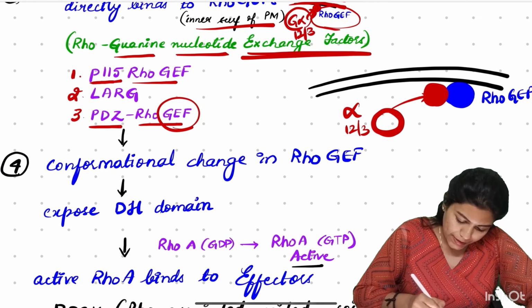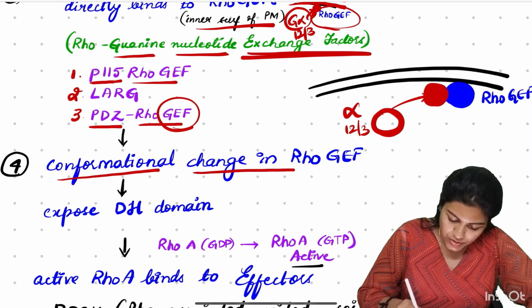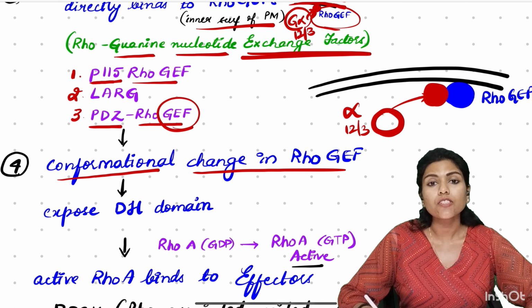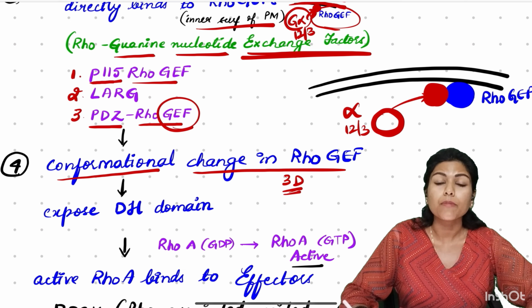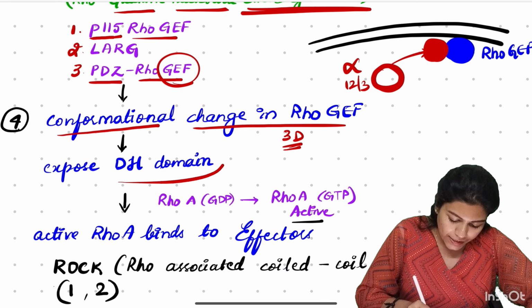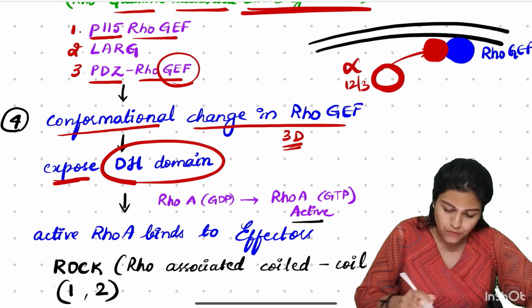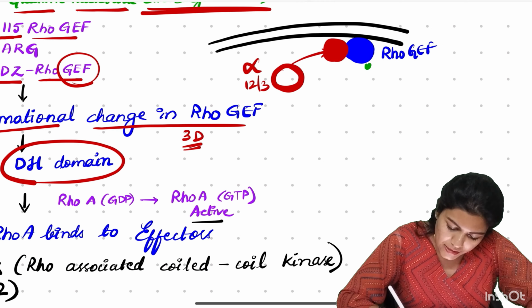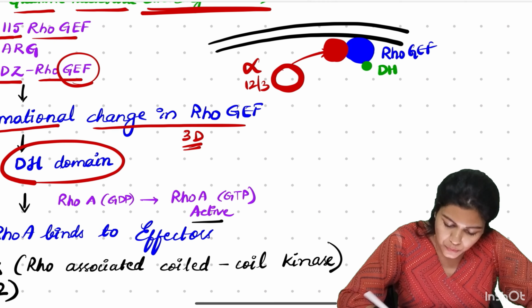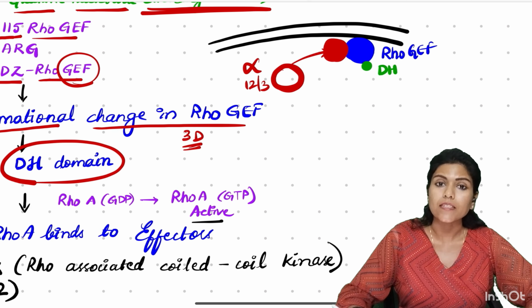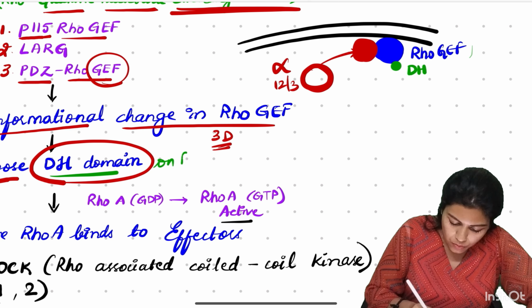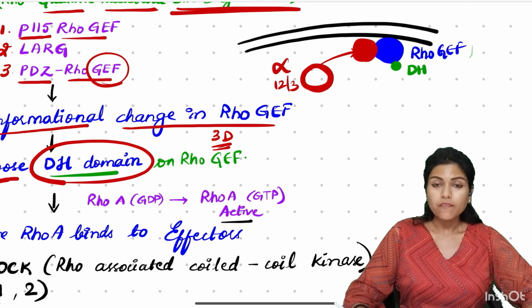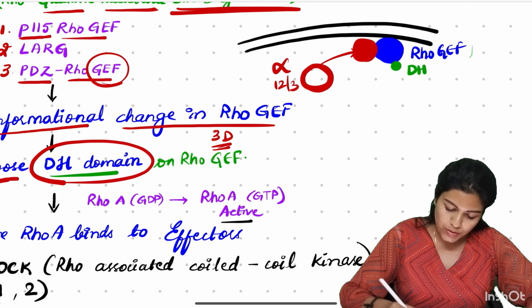Because of this binding, there is a conformational change in this RhoGEF. Conformational change is the change in three-dimensional structure of this RhoGEF, because of which a DH domain gets exposed. So here is the DH domain. It is getting exposed. The DH domain is present on the RhoGEF, and because it gets exposed, RhoA gets recruited.